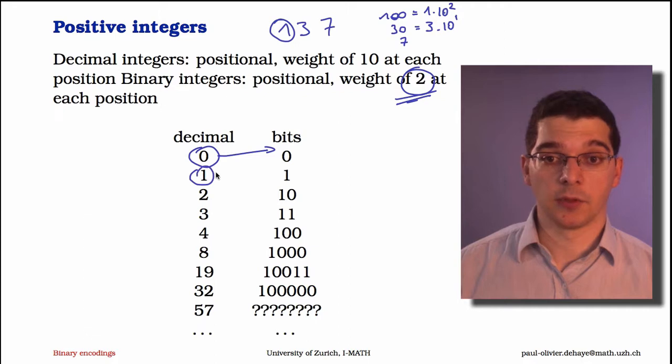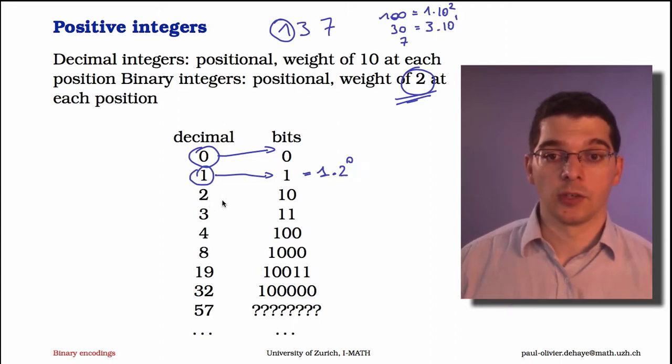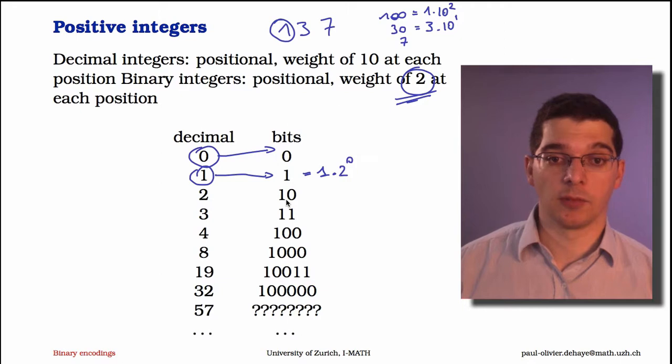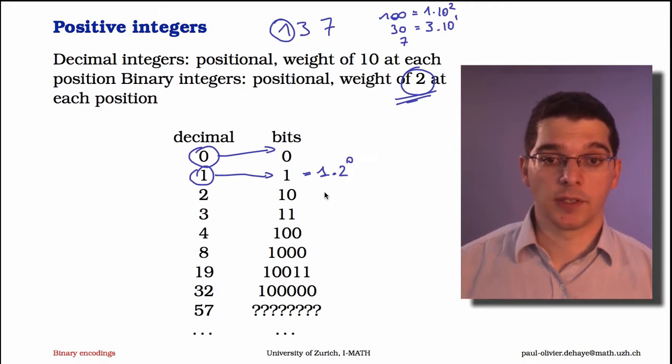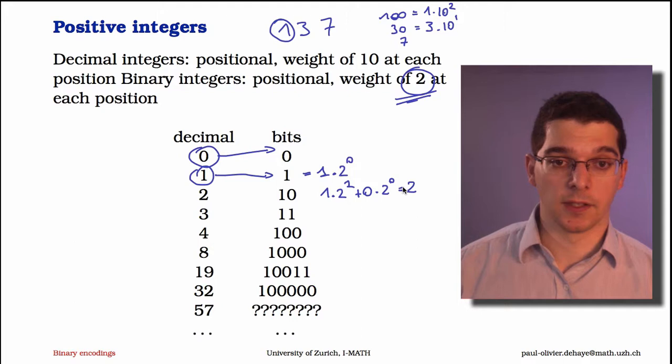Now, 1 in decimal notation corresponds to 1 in binary, because this is 1 times 2 to the 0. Right? 2 to the 0 is 1, so we get 1 times 1. Now 2 will correspond to 1 0 in binary, because this corresponds to 1 times 2 to the 1 plus 0 times 2 to the 0. And this is equal to 2.